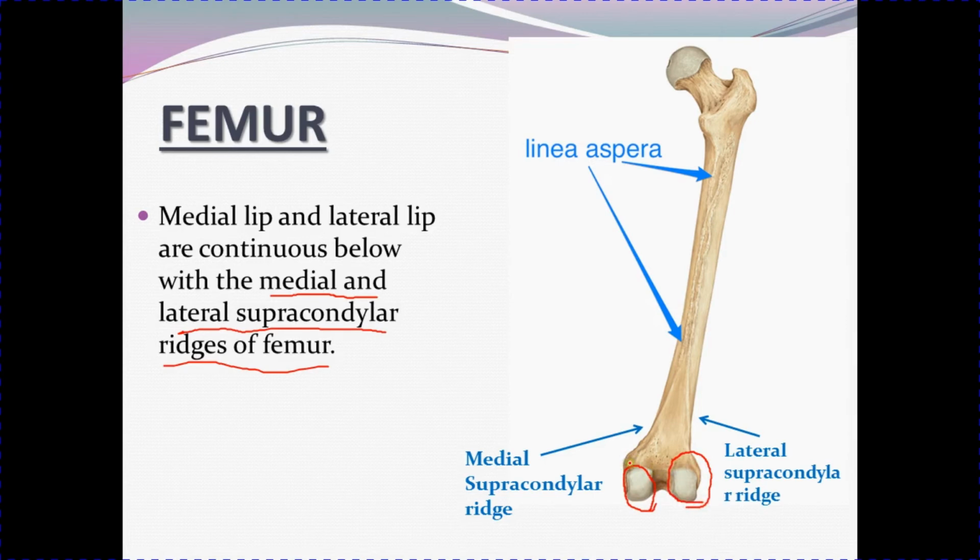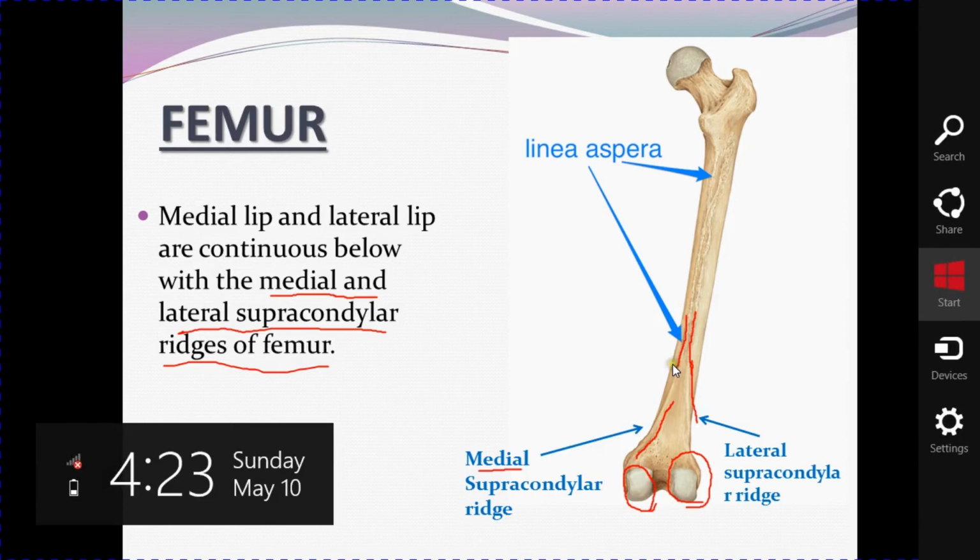These are the ridges, the medial supracondylar. Supra means above. The medial supracondylar ridge, and this is the lateral supracondylar ridge. They are becoming continuous with the medial and the lateral lips of the linea aspera.